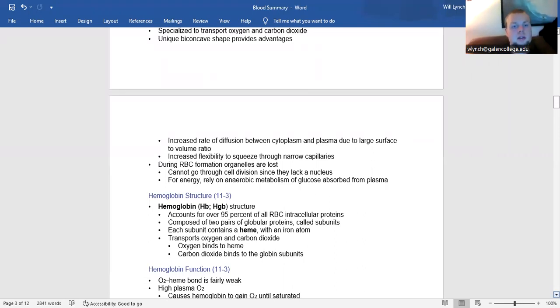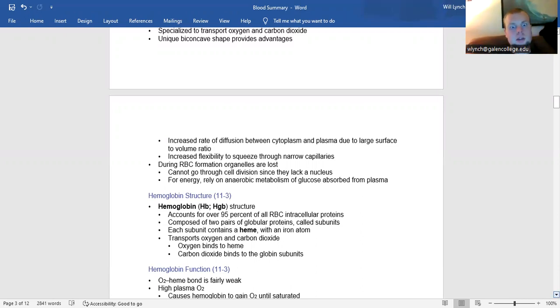The hemoglobin structure: our main functional unit is hemoglobin, and inside of the hemoglobin, we have a subunit that is a heme unit. Hemoglobin is going to account for 95% of all of the protein content of the red blood cell.